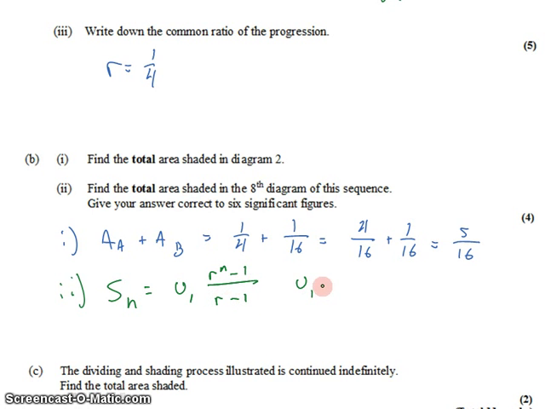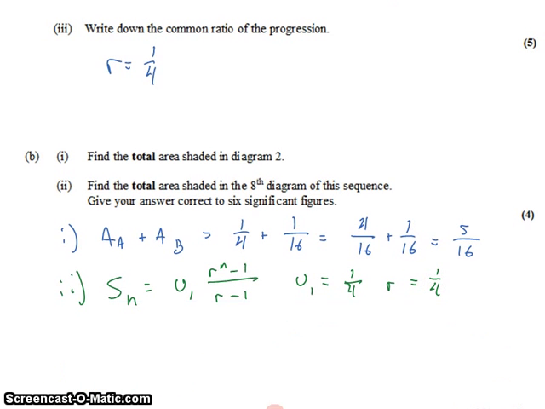The first term in this sequence is 1/4, and the common ratio is also 1/4. We want the sum of the first 8 terms, so that's 1/4 times 1/4 to the power of 8, n is 8, take 1, on 1/4 take 1.